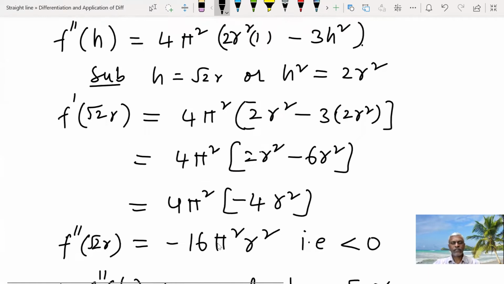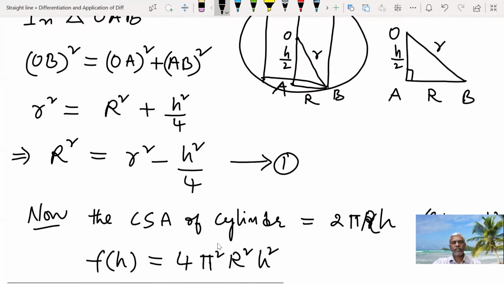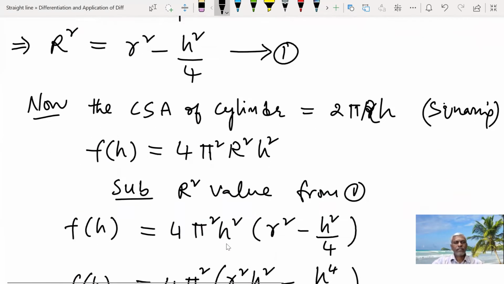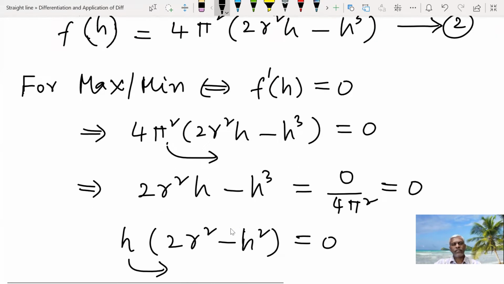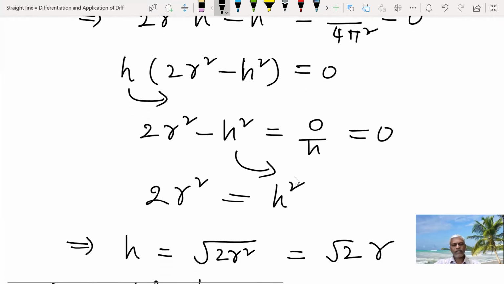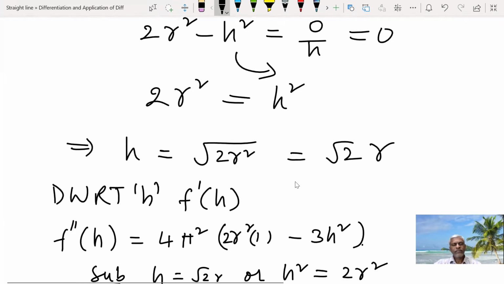This is also important. All these questions are maxima, minima. First, we have to identify the function which has to be minimized or maximized. For minimum or maximum, the function's first derivative should be 0, and solving it, we get the points. At that point, the function value should be minimum or maximum.